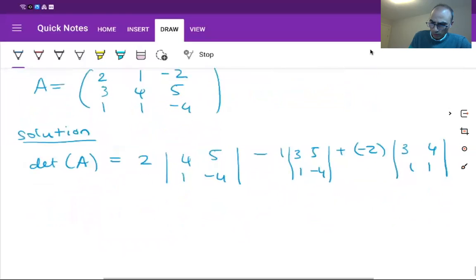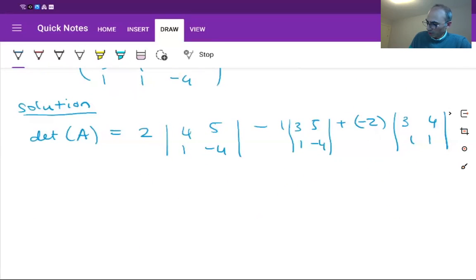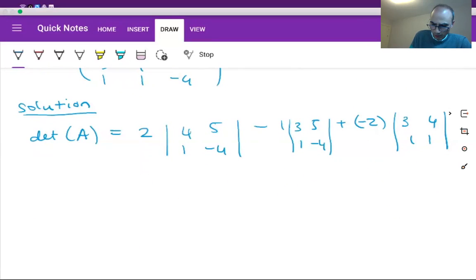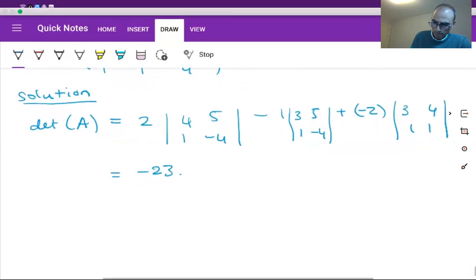If you multiply this all out, I'll just tell you what the answer should be: you get minus 23. Okay, so you can check that.